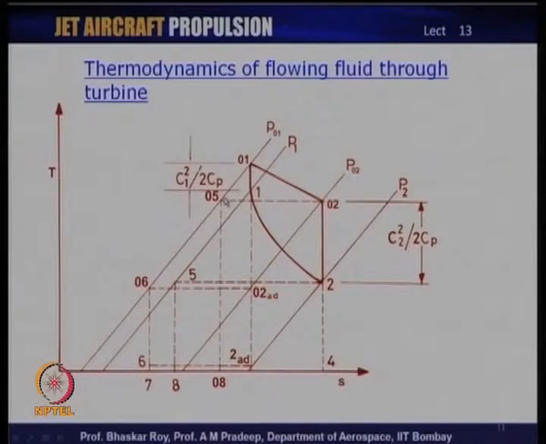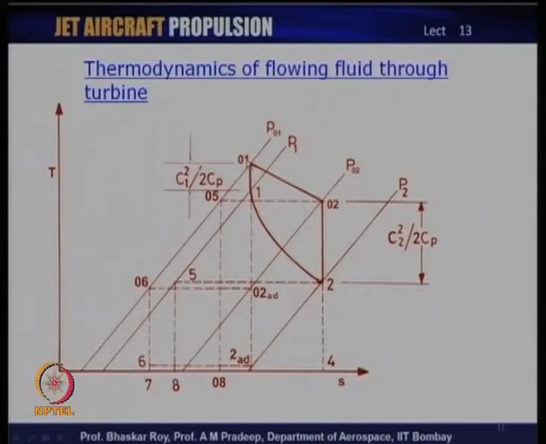So, that is what is overall happening across a turbine, that is, going into the turbine with a kinetic energy, and it has static values and stagnation values. We can talk in terms of temperatures also. And then of course, it is going to station 2, that is the exit of the turbine, where it has a static value and a stagnation value, and of course, it has the kinetic head.